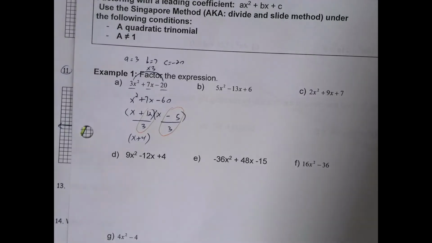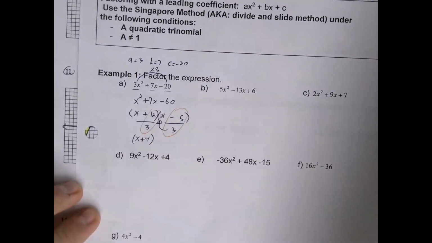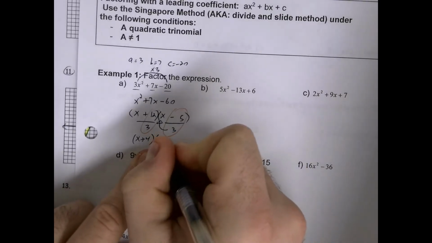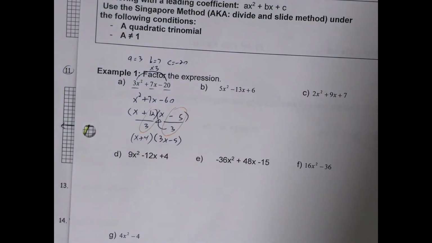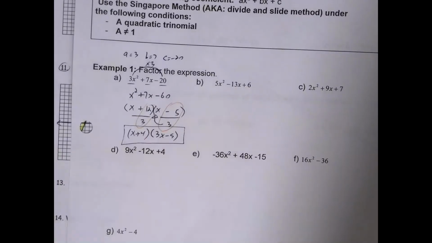So they call it slide because this doesn't come out nice, so I'm going to put it right in front of this x. So your final answer would be x plus 4 times 3x minus 5. And you're done. Okay? So that becomes our intercept form of that parabola or that quadratic.